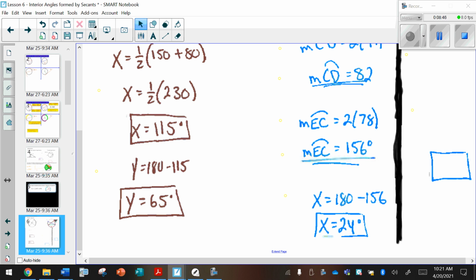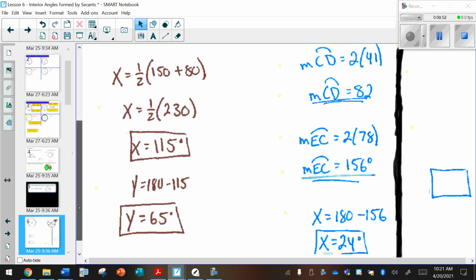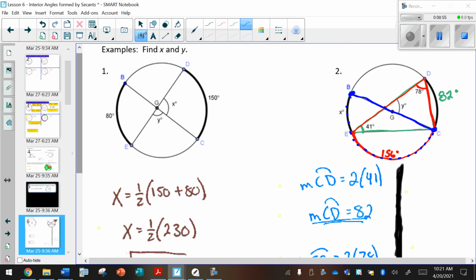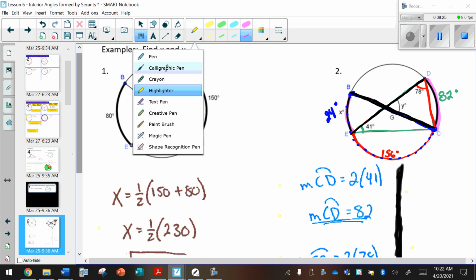Now I know arc X is 24 degrees, and we know CD over here is 82. I can go back to my original diagram and use the rule where when two chords intersect, the angle measure is half the sum of the arcs. My arcs here would be 82 and 24. So use the formula, find your answer.